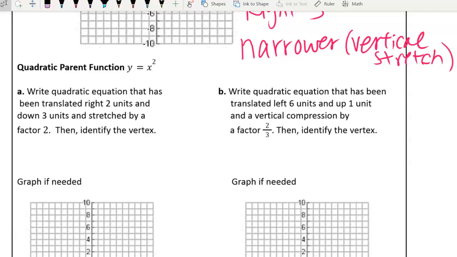All right, quadratic parent function, y equals x squared. Write the quadratic equation that has been translated right 2 units and down 3 units and stretched by a factor of 2. Okay, remember, we write our quadratic functions usually in vertex form.